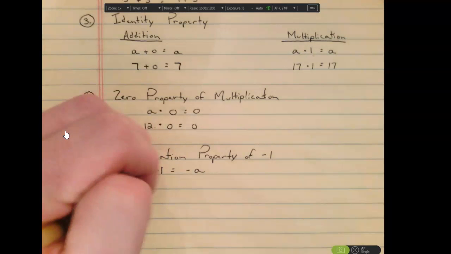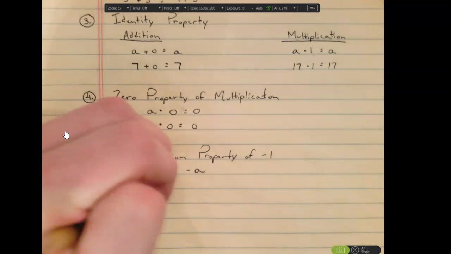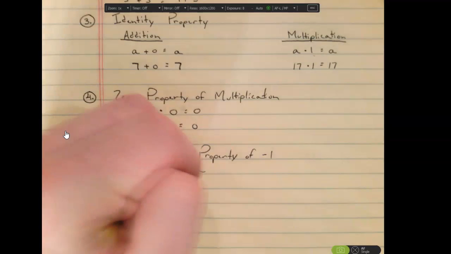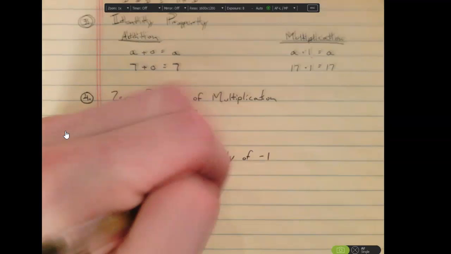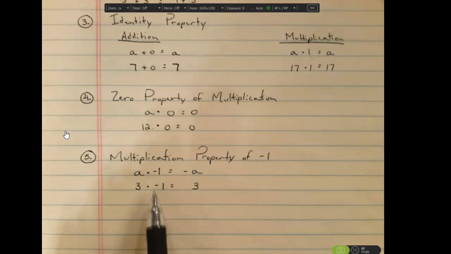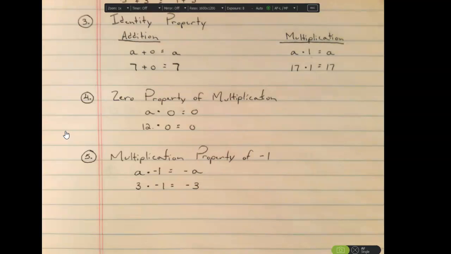For example, 3 times -1: because I'm multiplying by 1, I'm still getting 3, but because it's -1, it makes it -3. So we get the exact same thing that a is, but this time it's negative.